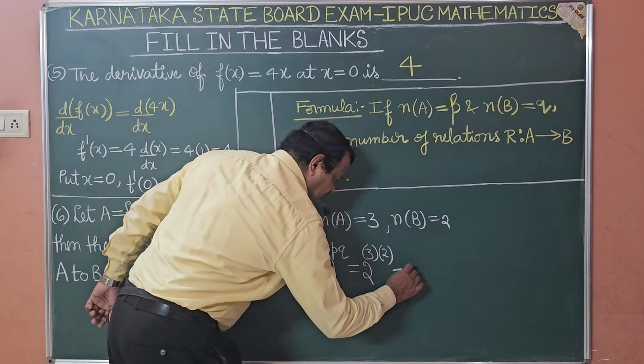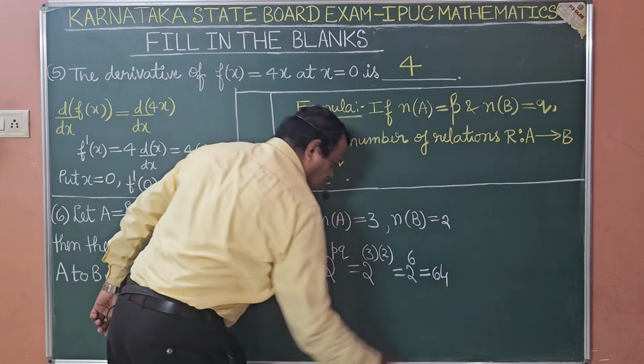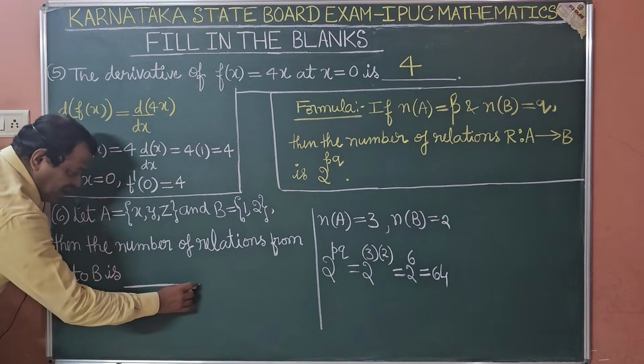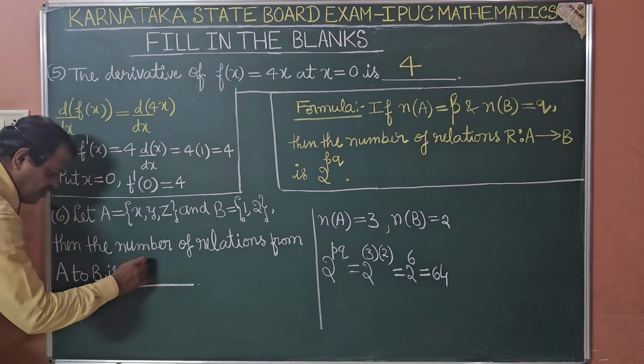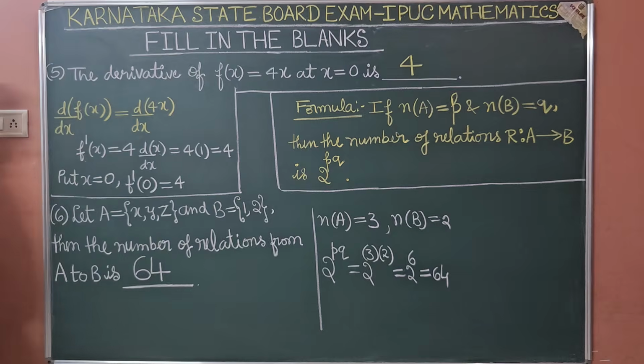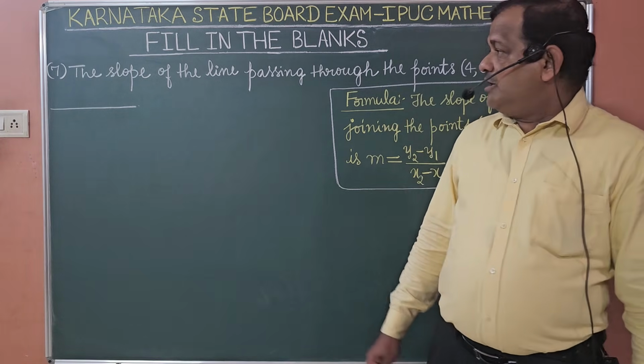Therefore 2 power 3 into 2, that is 2 power 6. The answer is 64. Therefore in this fill in the blank, the number of relations from A to B is 64. Here is the seventh MCQ from the Straight Lines chapter.